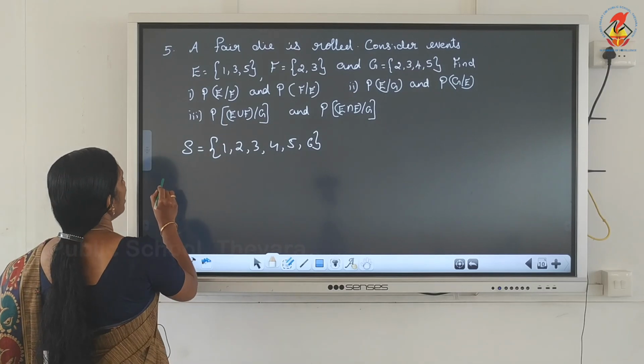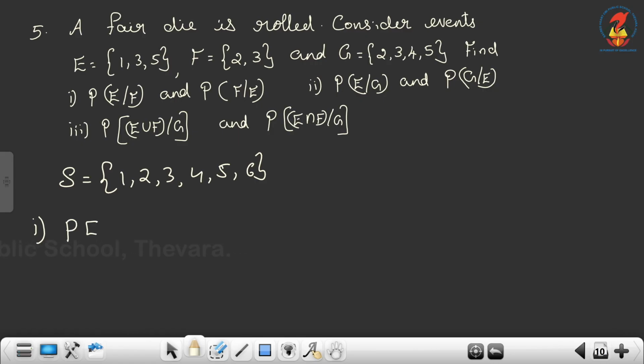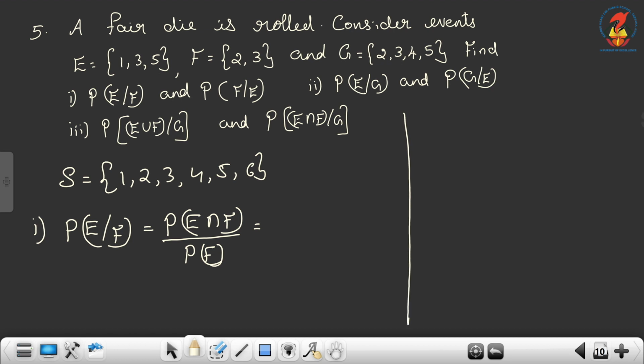Now, the first one, P of E given F. P of E given F means P of E intersection F by P of F. So we have to find what is E intersection F. E intersection F, common element only 1, 3. So what is the probability? 1 out of 6.